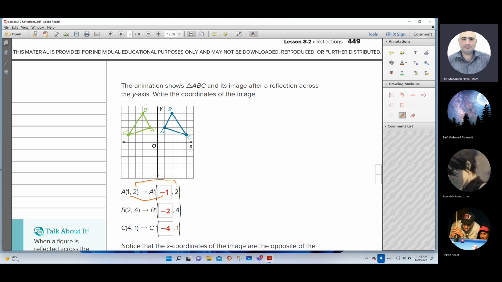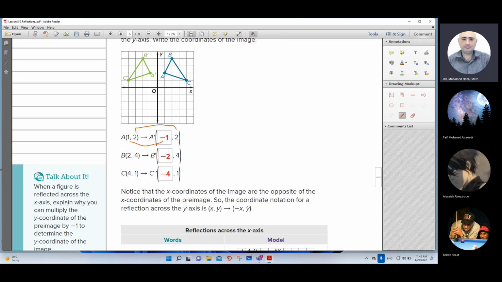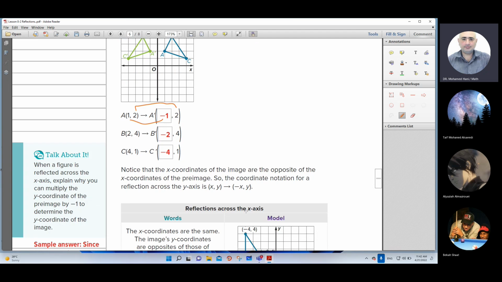The same idea, if you compare P and P prime, we have the same y, 4 and 4, and opposite x, 2 and negative 2. And here the same idea, we have 4 and -4, and here 1. So the rule for (x, y): if the reflection is across the y-axis, we have the opposite of x and the same y.